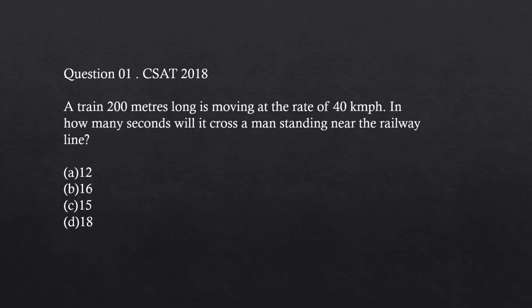A train 200 meters long is moving at the rate of 40 km per hour. In how many seconds will it cross a man standing near the railway line? To solve this kind of question, we have to apply only one simple formula, d equal to speed into time, means distance equal to speed into time.